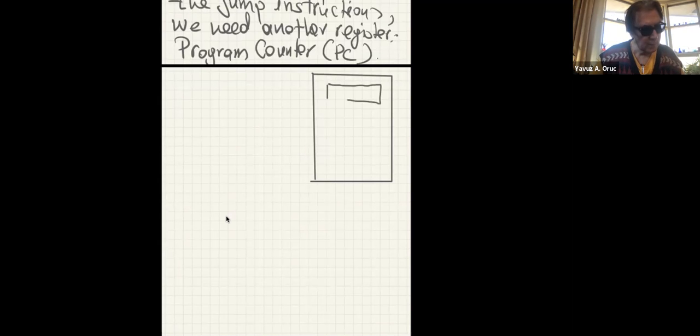IR, instruction register, program counter. Wait a minute. I didn't like this, and I have to go back to this. Okay. And even though we place them into what we call the memory locations, we have the images of these two things, which we call A and B. And A and B are registers here.